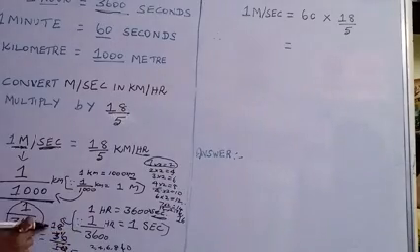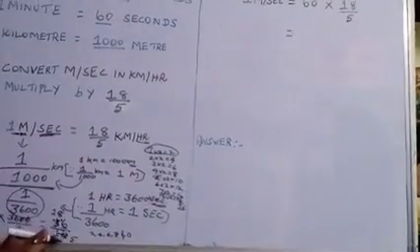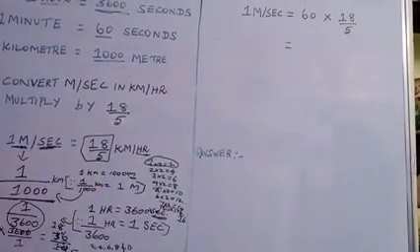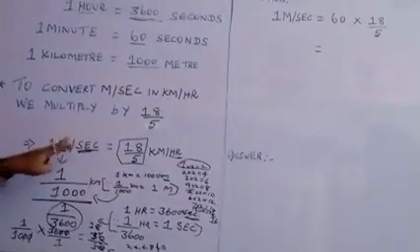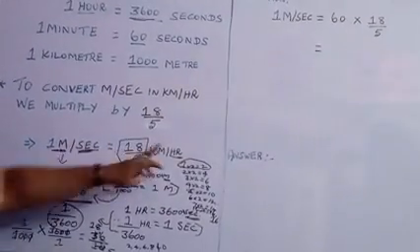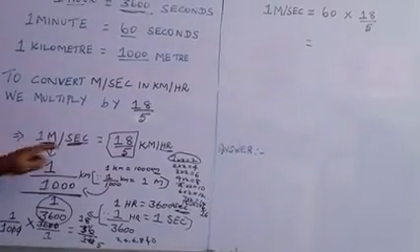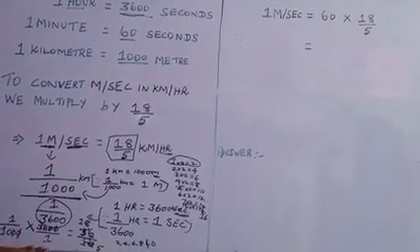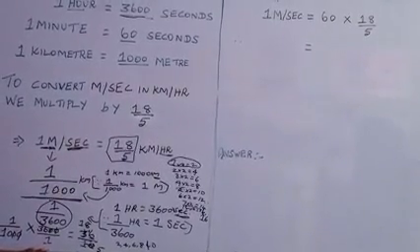So what you get? 18 divided by 5. So we get our result, and that is why we multiply. When we convert meter per second to kilometer per hour, we should multiply by 18 divided by 5. This is the reason. Let us go through the problem.